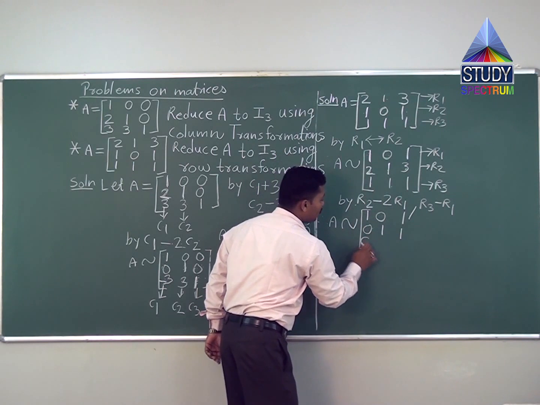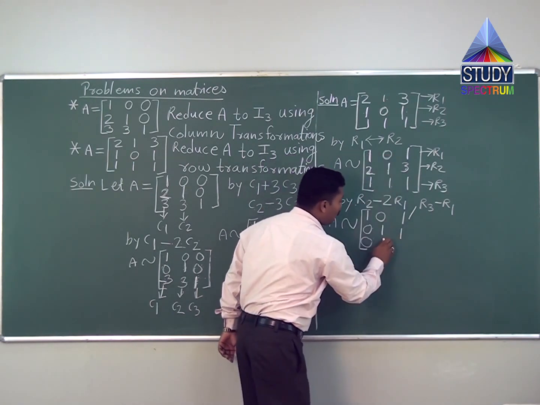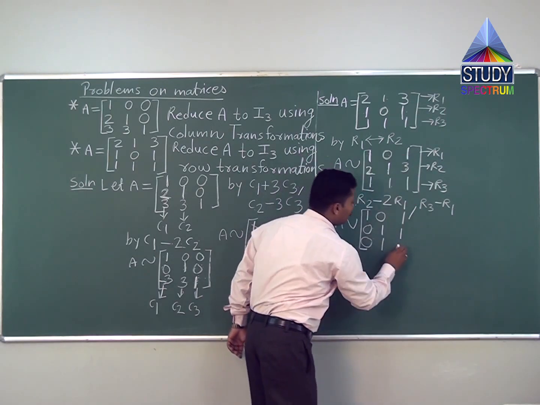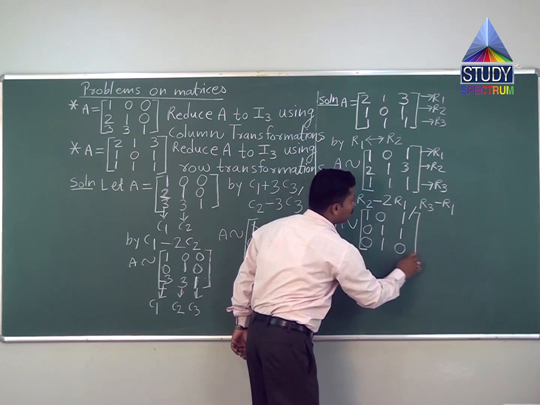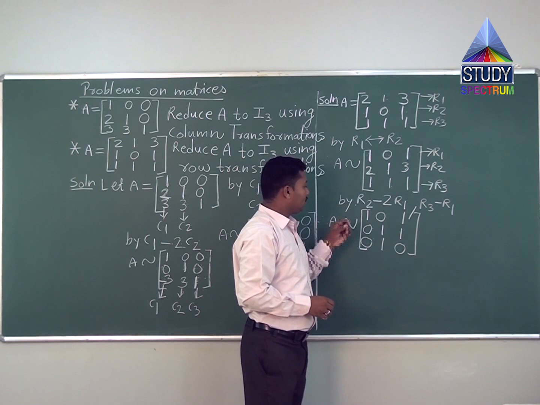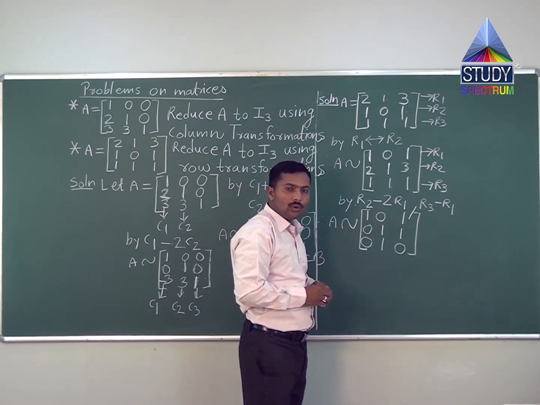is 0, 1 minus 0 is 1, 1 minus 1 is 0. So here, below this 1, both numbers are 0.